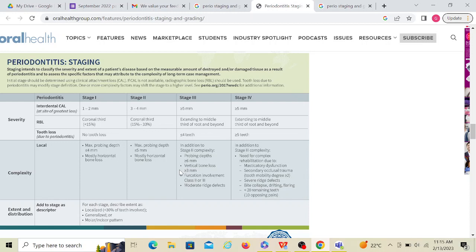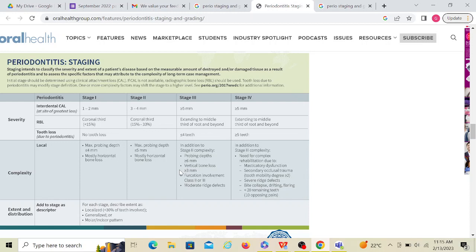So now if I have to come back to the staging, if there is only 1 to 2 mm of recession, it's basically nothing. It's very less. It's basically the entire gums have just gone down by 1 to 2 mm. It's stage 1. If it's 3 to 4 mm, it's a little lower, but there is no furcation involvement mentioned in the question, then you go with stage 2.